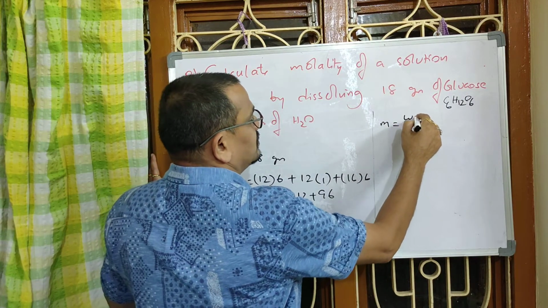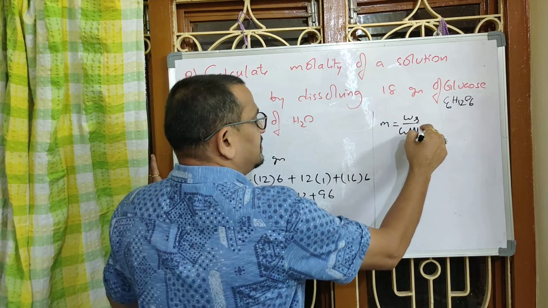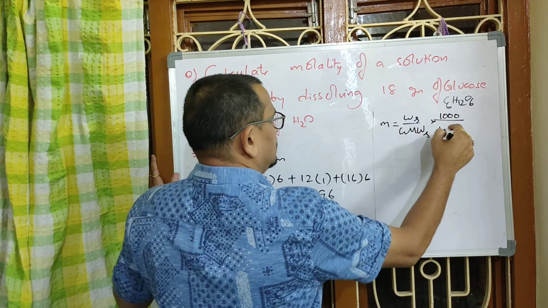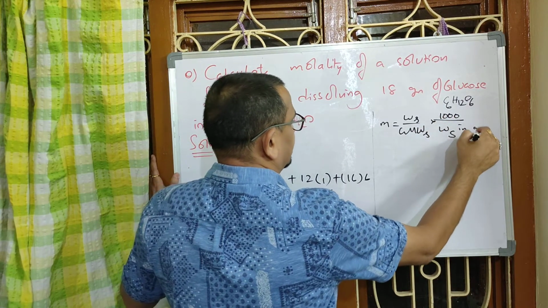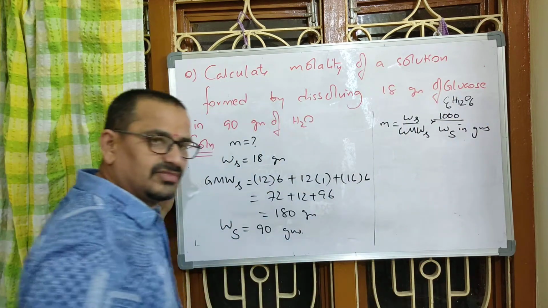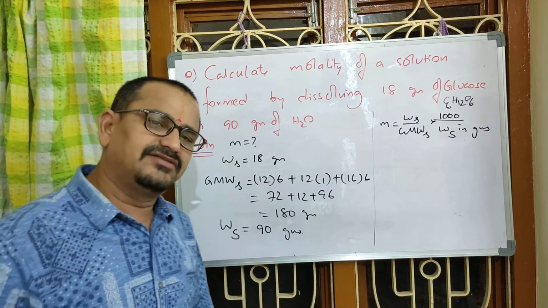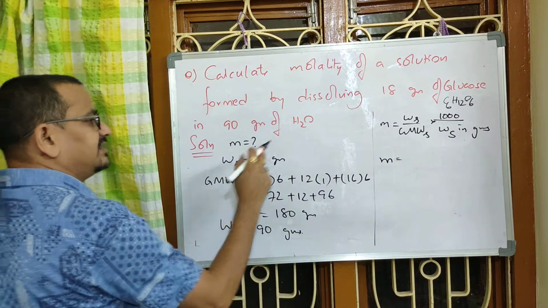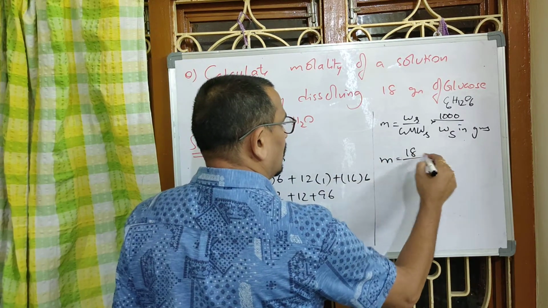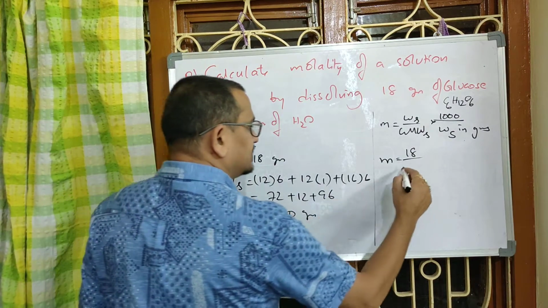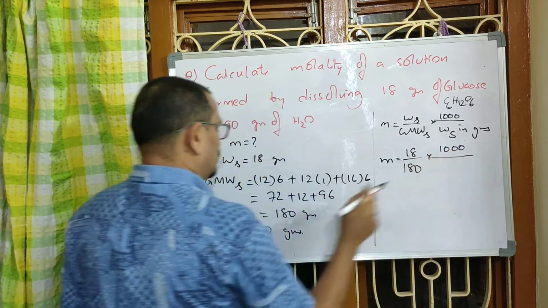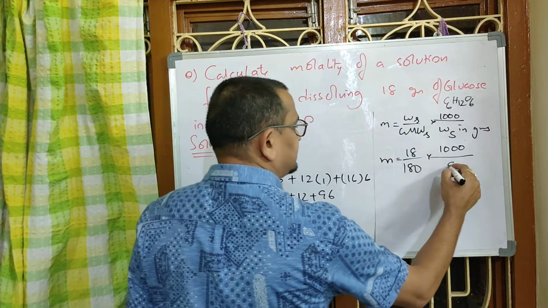Molality equals weight of solute by gram molecular weight of solute into 1000 over weight of solvent in grams, or mass of solvent in grams. Either way we can take. Molality equals, what is the weight of solute given? 18 over gram molecular weight of solute is 180 into 1000 by, what is the weight of solvent given? 90.